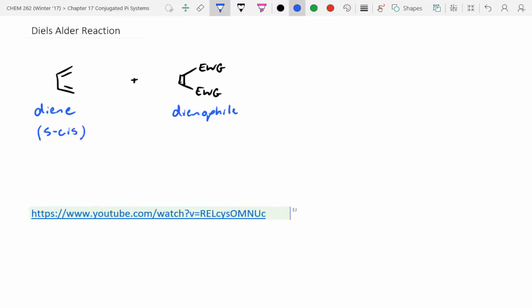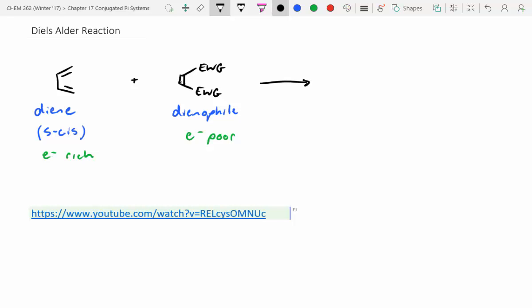So in this case we'll write electron poor, electron rich. However, there are some Diels-Alder reactions that are called inverse demand Diels-Alder reaction where your diene can be electron poor and your dienophile can be electron rich. We're going to go with the classic one where your diene's electron rich and your dienophile is electron poor.